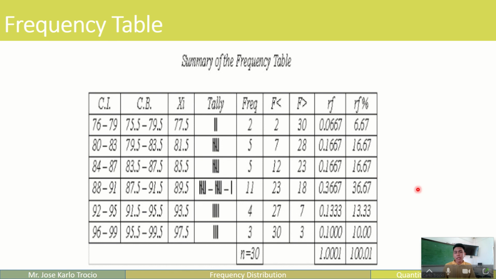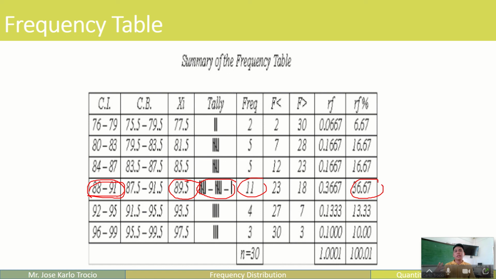Okay, so as you can see here, we have the interpretation. We have here 36.67% is the most occurring, and it is very evident because we have here the tally of data, we have 11. Therefore, if you're going to be asked of the mean, then it is 89.5 or somewhere in this class interval from 88 to 91.